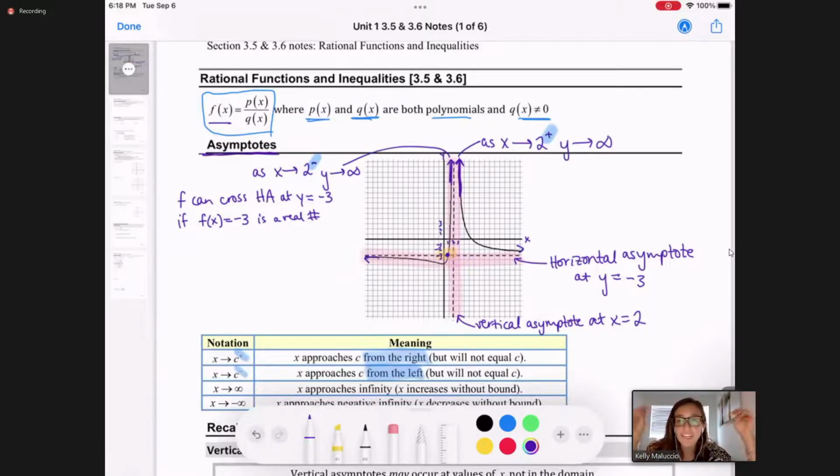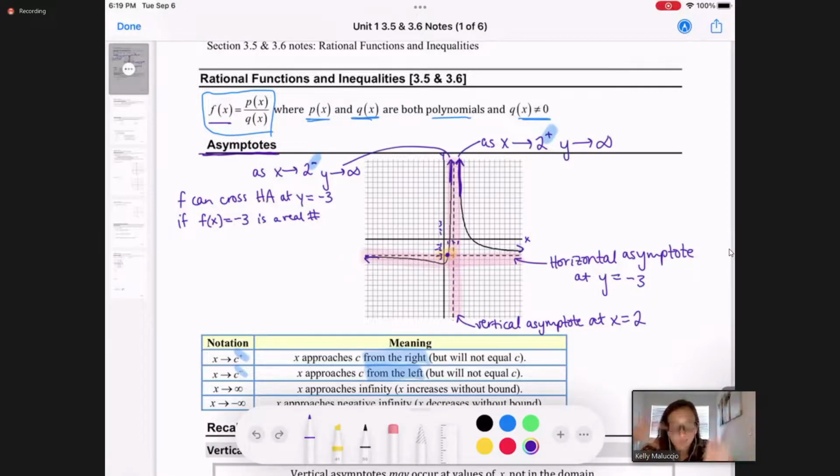But if it's not a real number, then it would not cross there, and maybe it would have just gone here and not crossed that line, right? If that was not the case. So maybe we can note, wait, I don't know if I wrote this clearly, but when I say if f of x equals -3, I mean if x is a real number for this.